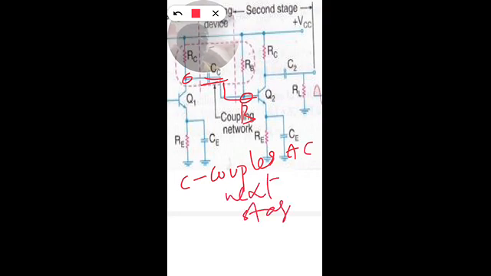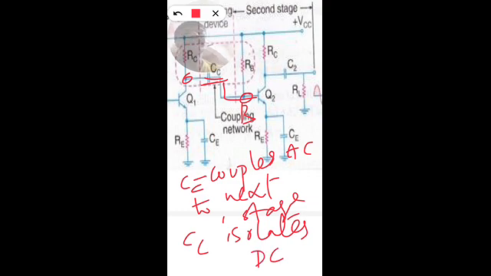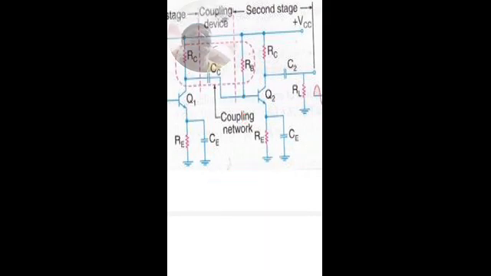So this is the purpose of coupling. The coupling capacitor not only couples the amplified signal to the base of the next stage, it couples the AC to the next stage, and CC also isolates the DC operating condition, so as not to alter the biasing conditions of the next stage.